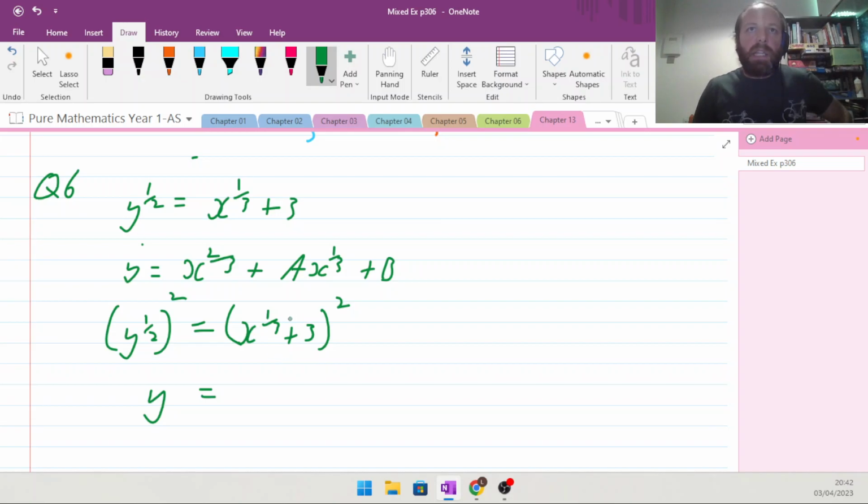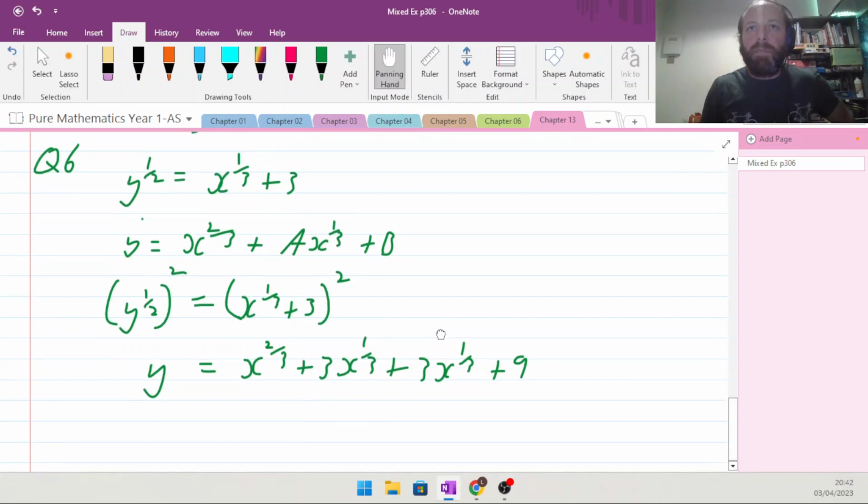Okay, x to the third times x to the third is x to the 2/3. Okay, and then we get plus 3x to the third plus 3x to the third plus 9.